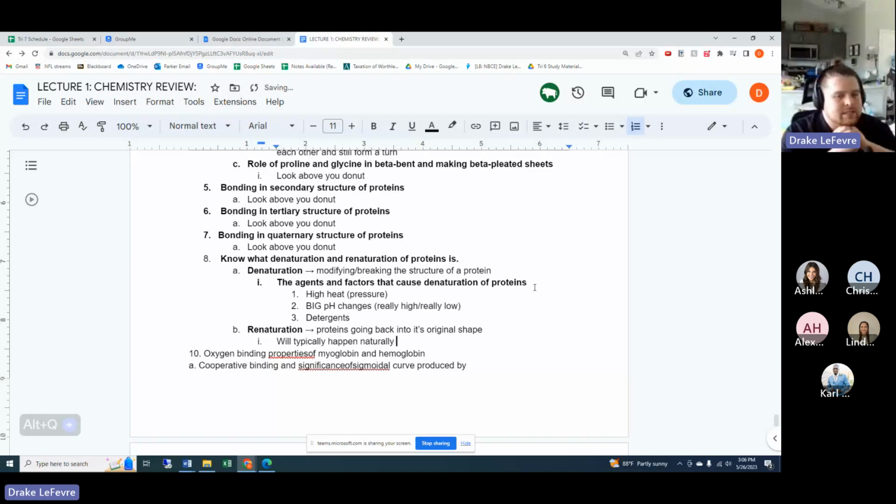As long as the primary structure of the protein has not been interrupted or destroyed. So as long as it still has those peptide bonds forming it into that chain, as soon as we put it back into proper conditions, it's going to fold its way back and become a fully functioning protein again.